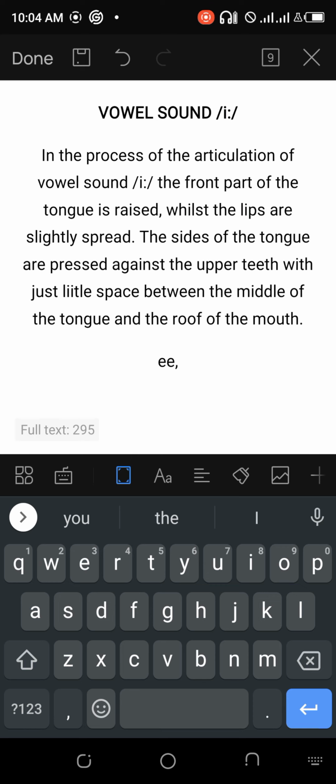EA also represents the sound. EI represents it too. Letter E alone represents it. Letter I is one of the graphemes too.